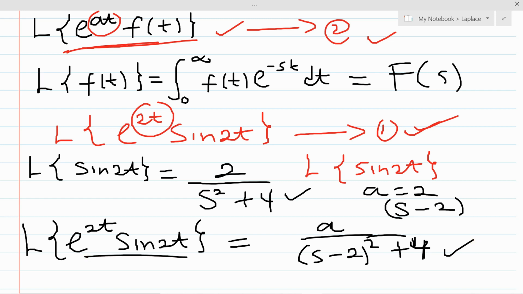So let's look at another situation whereby the term multiplying f of t is not just e to the power at but something else. Alright, so let's look at a situation whereby we have Laplace of t to the power n times f of t.